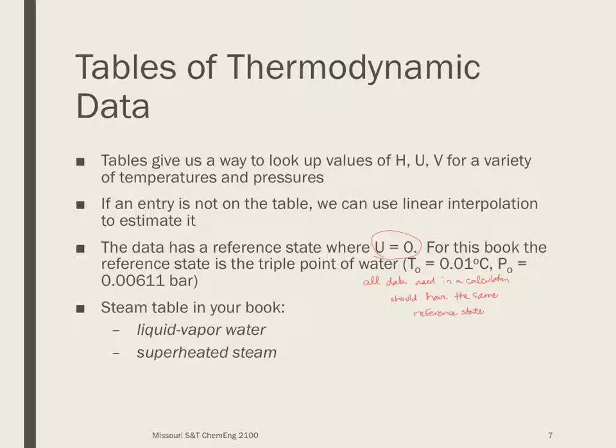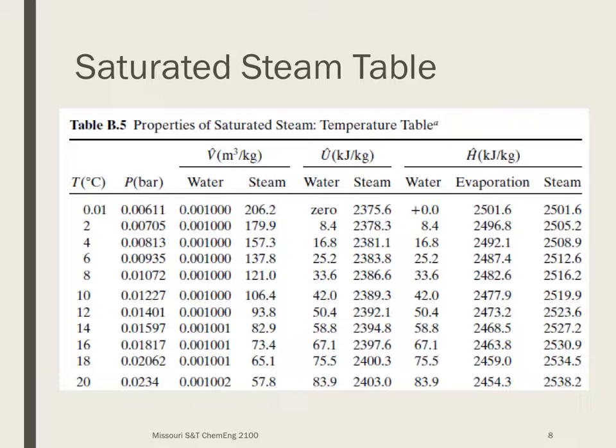Now in your book, there's only a little bit of data available like this. They have steam tables for water, liquid and vapor water, and superheated steam. Let's just briefly look at these. So saturated steam tables, they have saturated steam sorted by temperature is the first table, and a couple of pages later in the book, if you have a hard copy, or scroll on through the appendix to get to another one that's sorted by pressure.